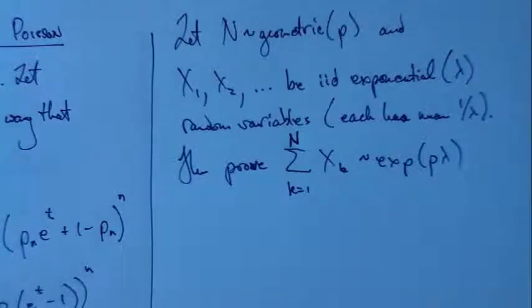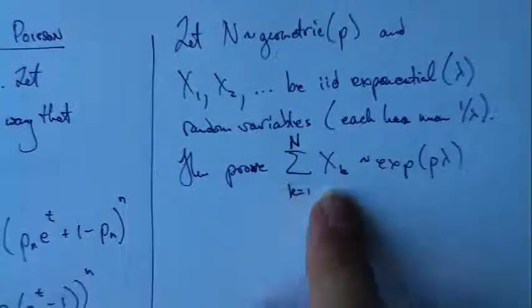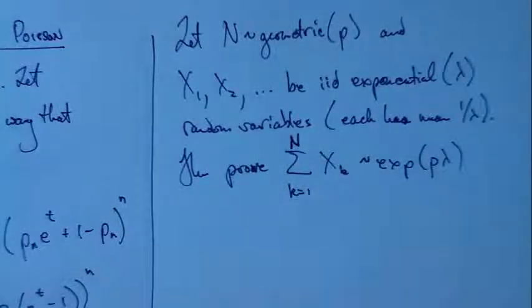Then you generate one more exponential random variable and stop. So the number of terms in this sum is a random variable. It's a geometric number. This is a different kind of thing.